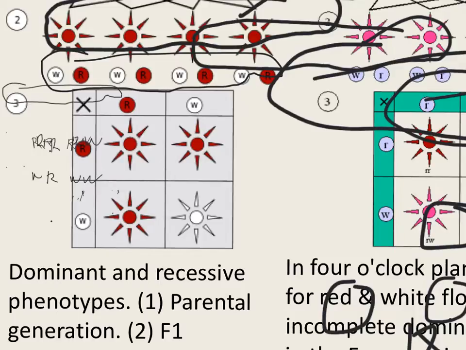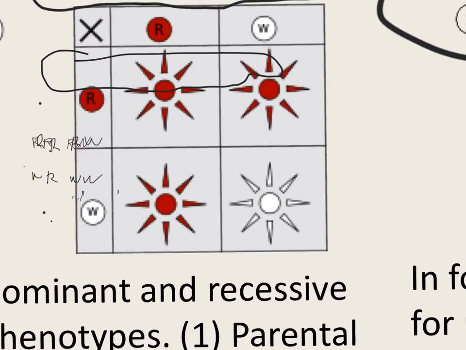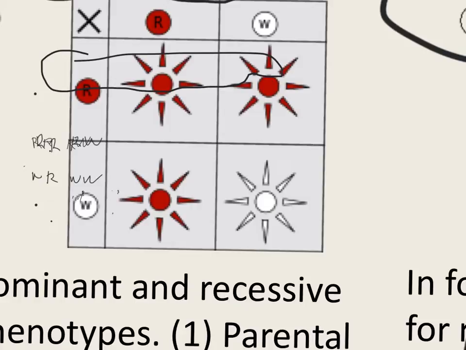So it'll be RR. Now, if this one is red and then over here is white, it will still be red, but it will be RW. Here we have a white.